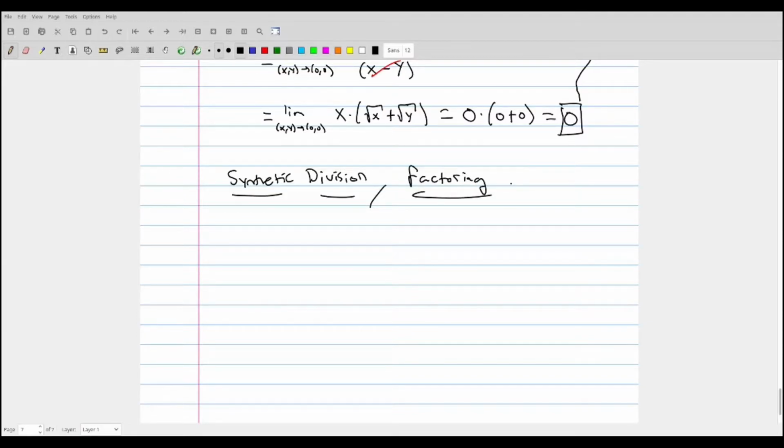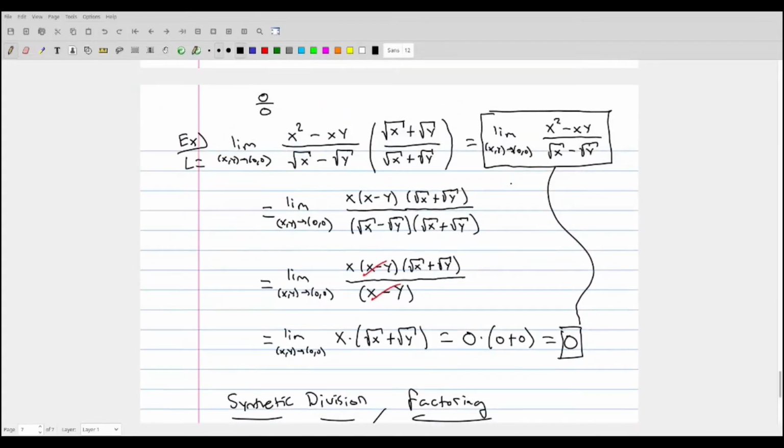There are so many different useful algebraic techniques that we can use to possibly simplify functions and simplify the calculation of limits if we have to. Whenever you get an indeterminate form like that, the limit may actually exist if you can simplify either the numerator or the denominator.